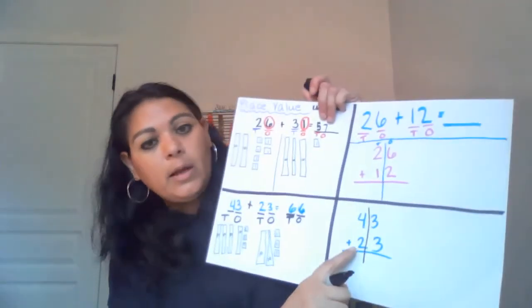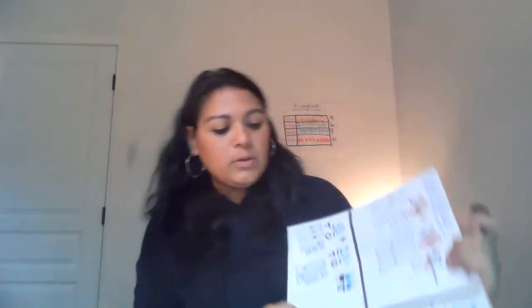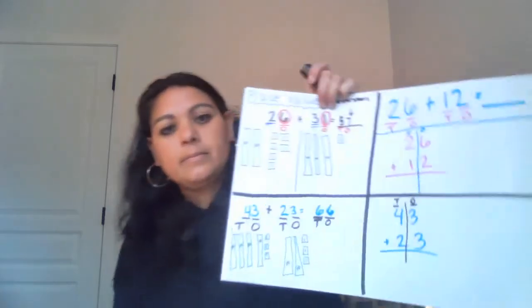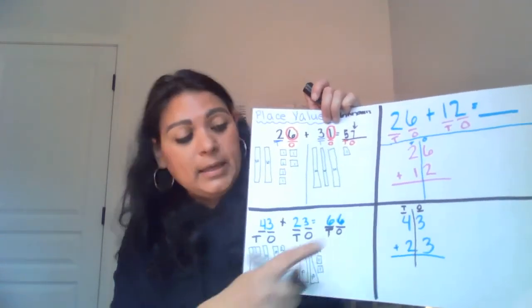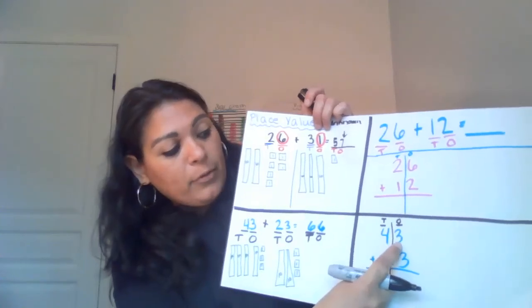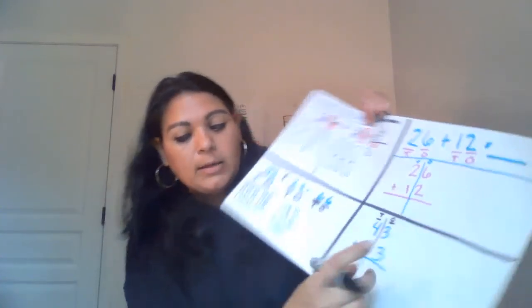Okay, remember the number all the way to the right is always going to be that 1's place. And then we have the 10's place. Now, when you're adding this way, I still want to see your units. You have 3 units here and 4 rods here. So I'm going to go ahead and make those.